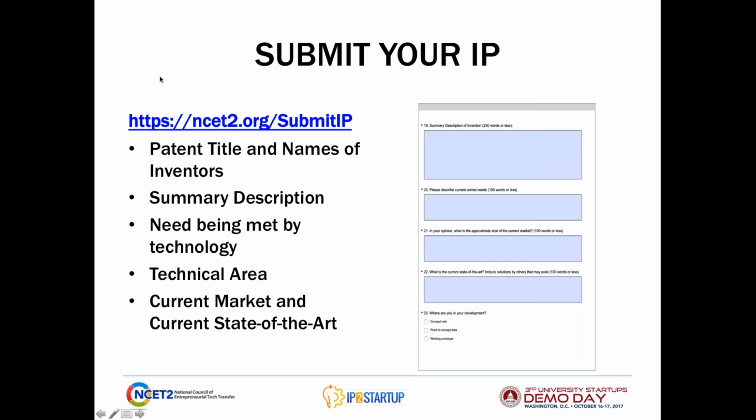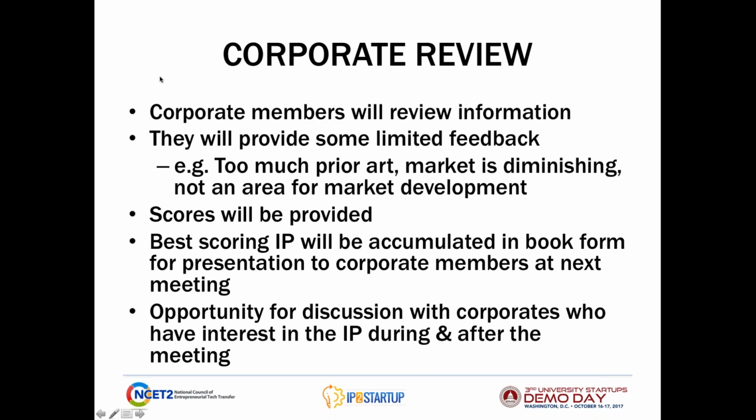So once that's submitted, what's going to happen is, in the next page, which comes under corporate review, the corporate members are going to review the information that you have provided. And they're going to give you some feedback. We're going to have to limit the amount of feedback that you get, because there is, again, going to be a lot of submissions, and they have precious time to provide feedback.